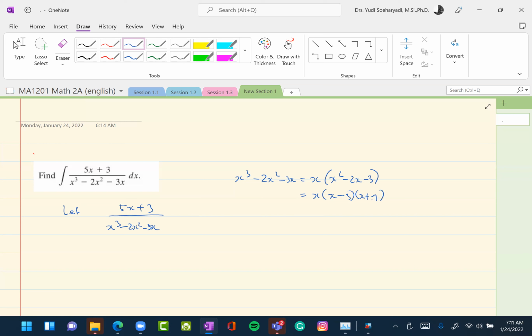So we have x first, then x minus 3, and x plus 1. So this is A, B, C, where A, B, C are constants.